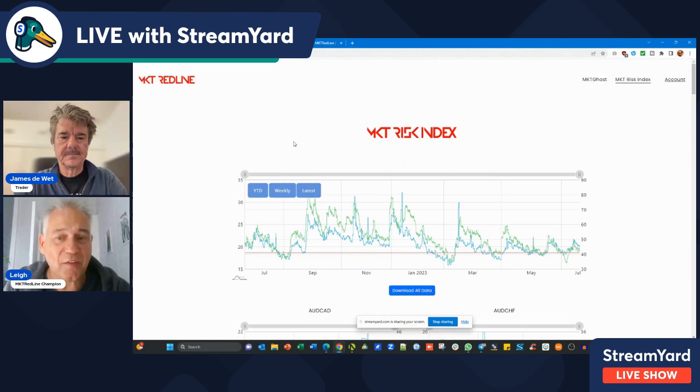Now, when it's very, very smooth, as in when it's below this red line here, what we find is that there is fiat currency creation, bank lending, and that tends to be a boom for risk assets such as S&P and other types of activities.